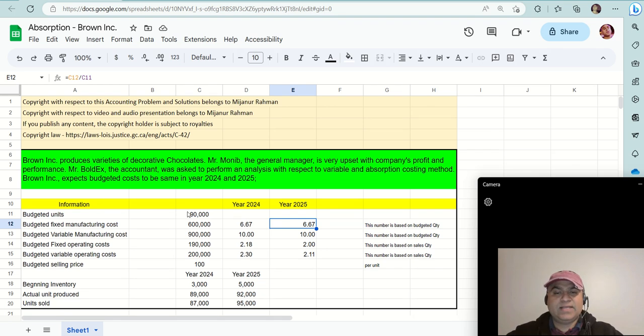It is 90,000 units, you can see that where the cursor is. And budgeted manufacturing cost, 600,000. Budgeted variable manufacturing costs, 900,000. Budgeted fixed operating cost, 190,000. Budgeted variable operating costs, 200,000. And selling price is $100 per unit.